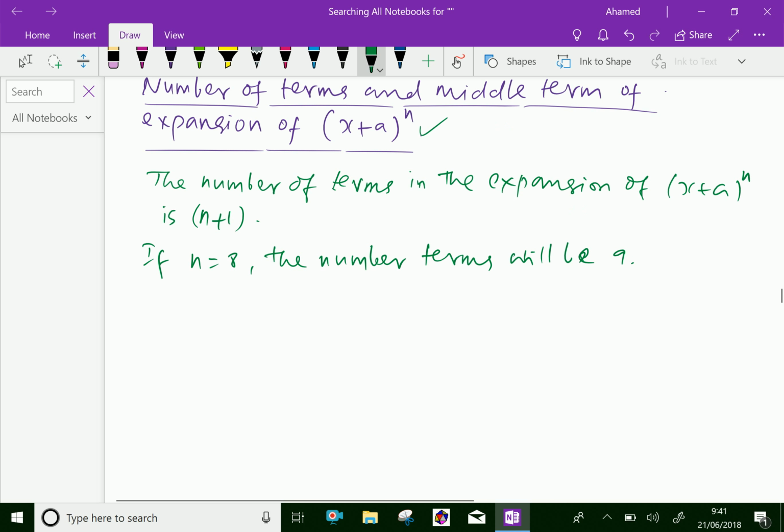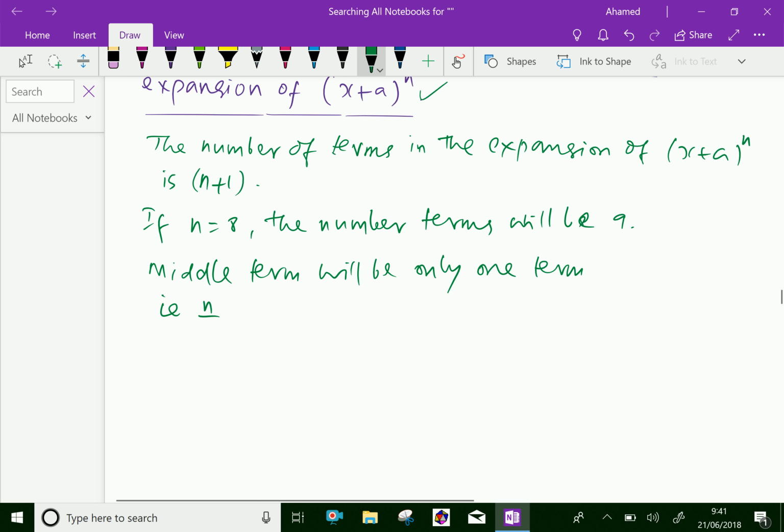And the middle term will be only one term, that is n by 2 plus 1, which is 8 by 2 plus 1. 8 by 2 is 4, 4 plus 1 is 5.